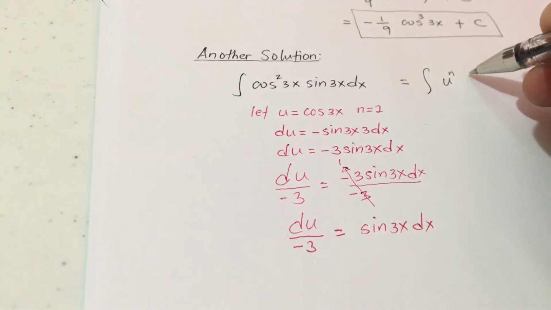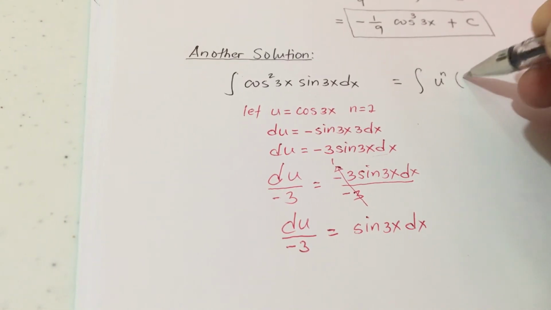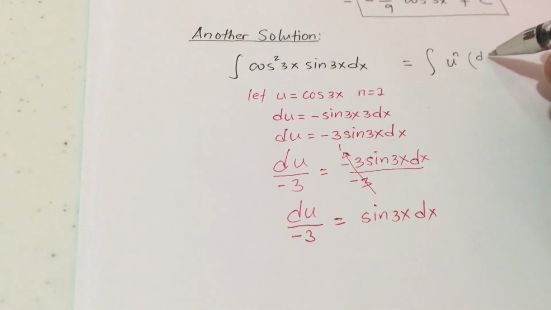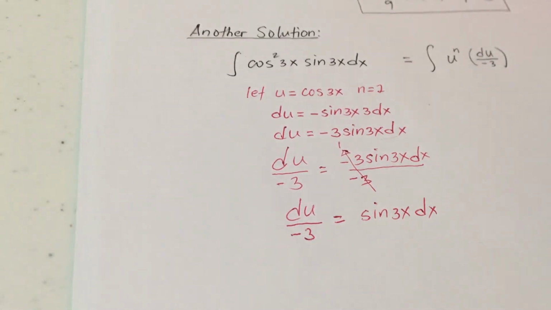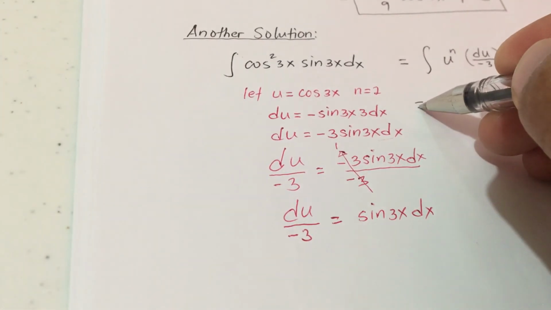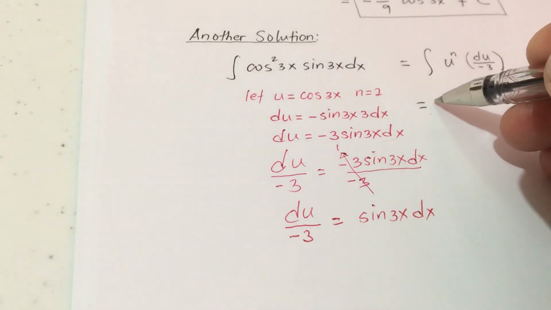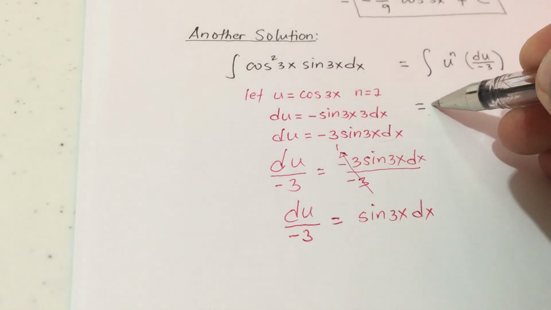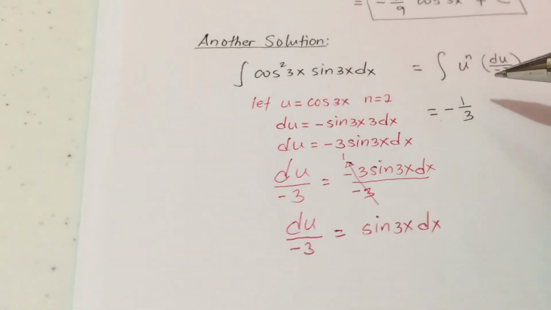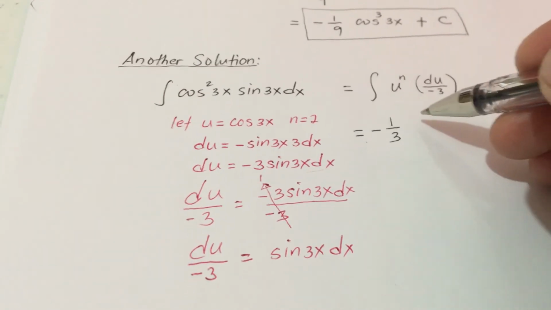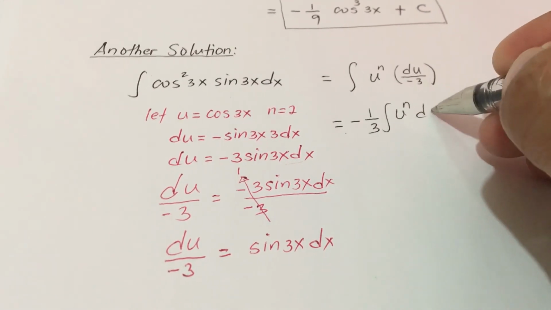So we have to multiply this by du divided by minus 3, and we can rewrite this. This is a denominator, negative, and this is a constant, so we can write this as minus 1/3 integral of u to the n du.